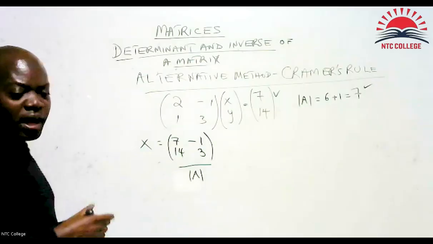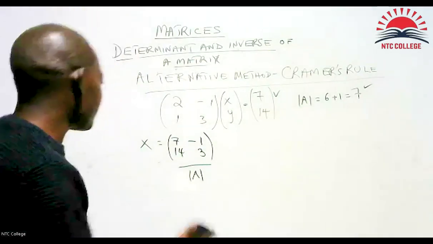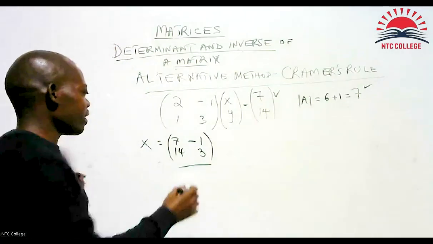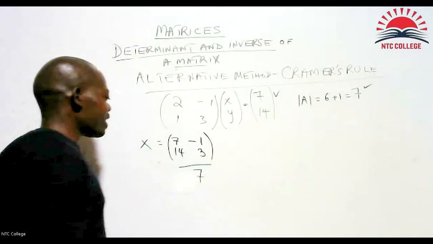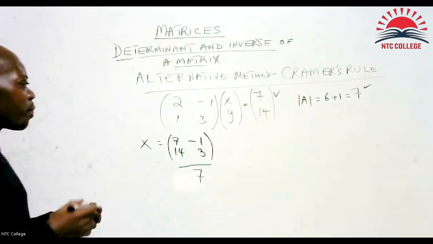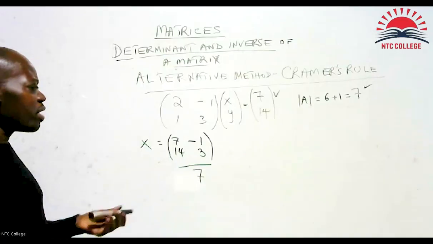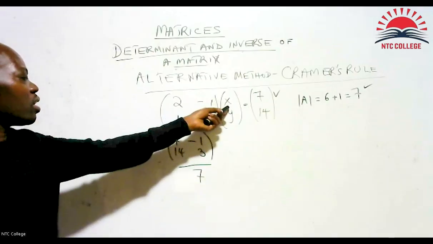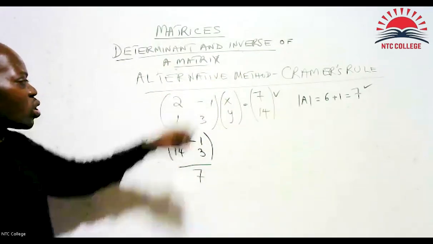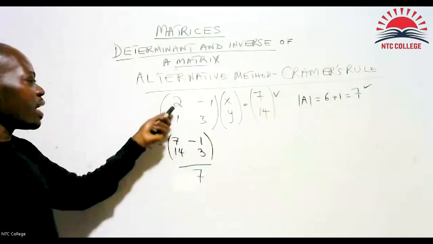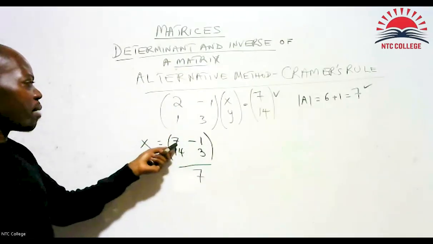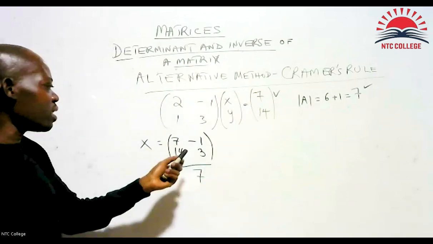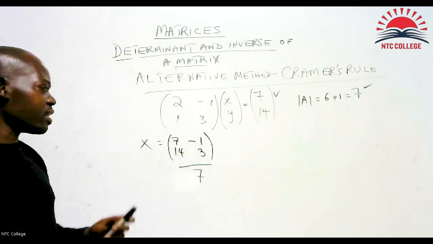Now with the determinant obtained, let me replace this with the correct actual value of determinant, which is 7. Now look at it, the Cramer's rule. Step 3 is very important. What are we doing? To find x, x being the first unknown in the first row, you need to replace the first column with the column vector 7, 14. Retain this as it is.